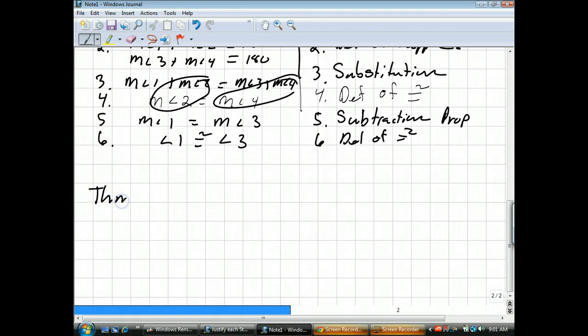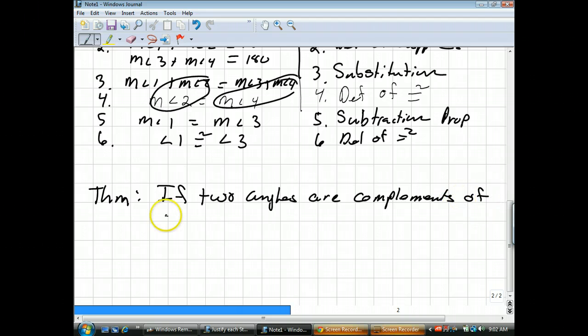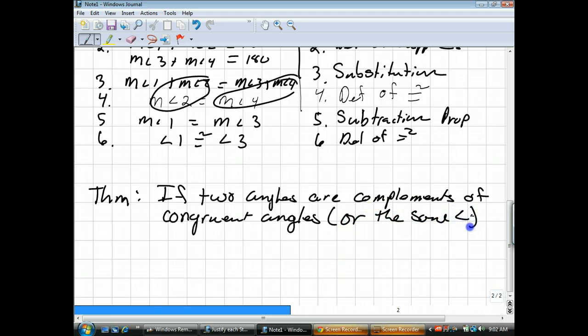All right, then we have the same type of thing. Our second theorem is about complementary angles. And it says if two angles are complements of congruent angles or the same angle, then the angles are congruent.